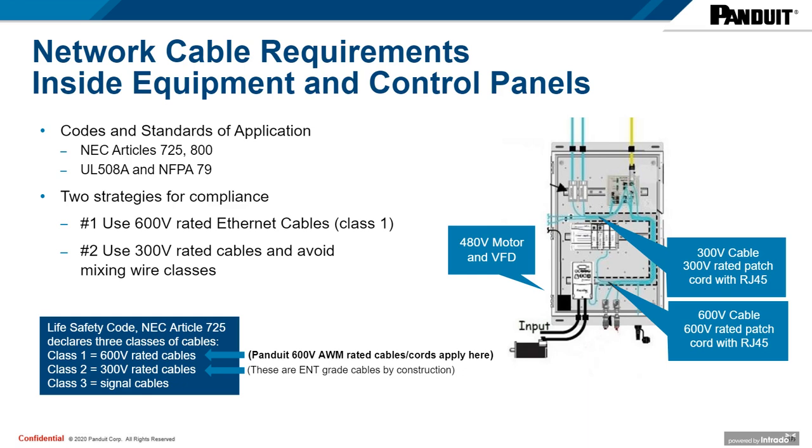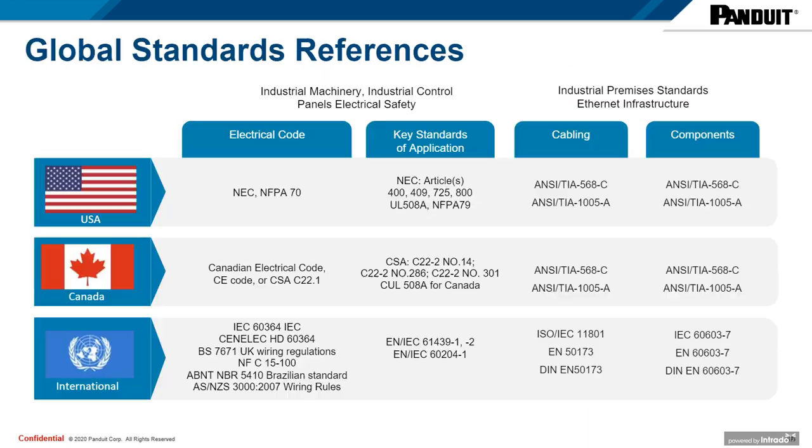Outside of the enclosure, I just want to make reference to NEC section 800 as well as NEC section 400, which reference the industrial cord sets and cables routing outside the control panel. So 725, 800, and 400 are all key sections referenced in the safety code.